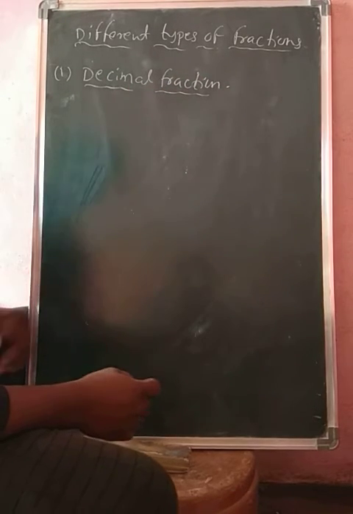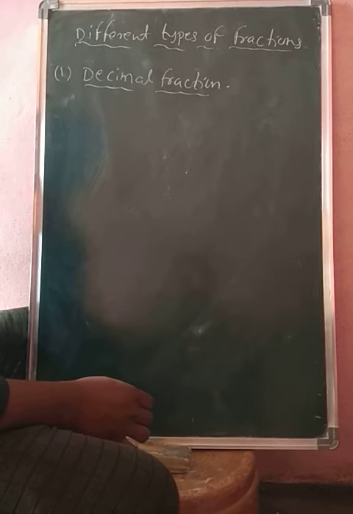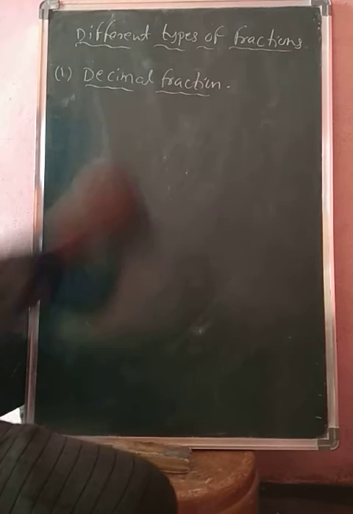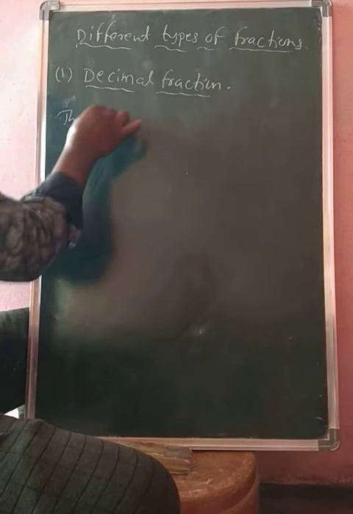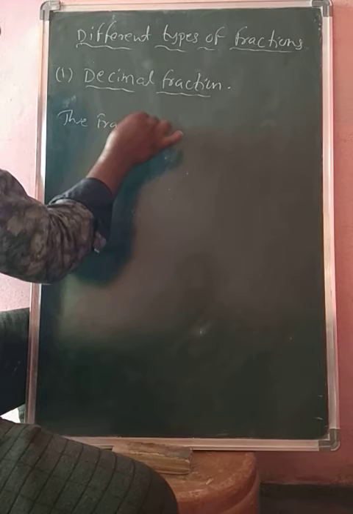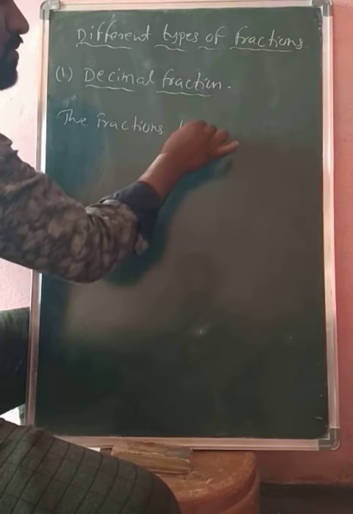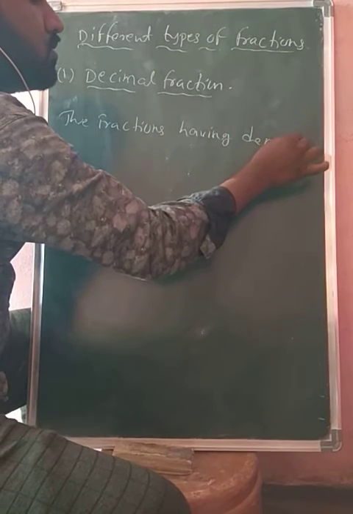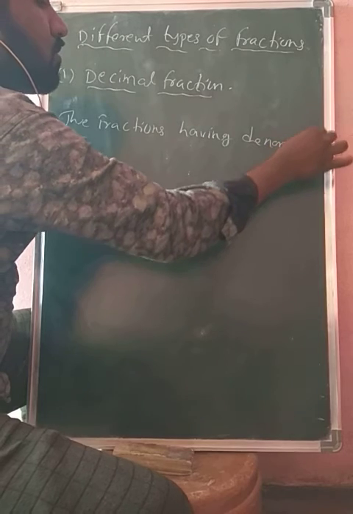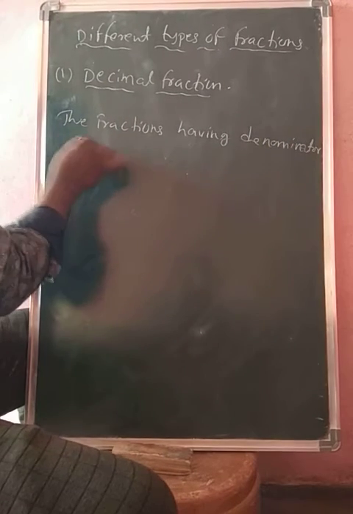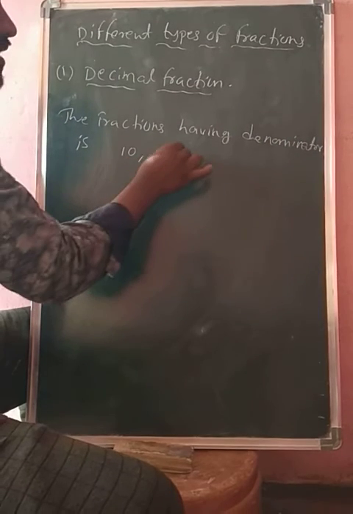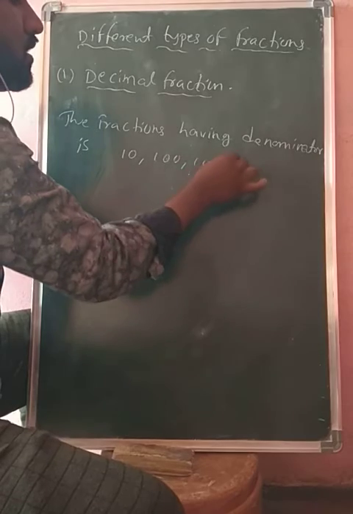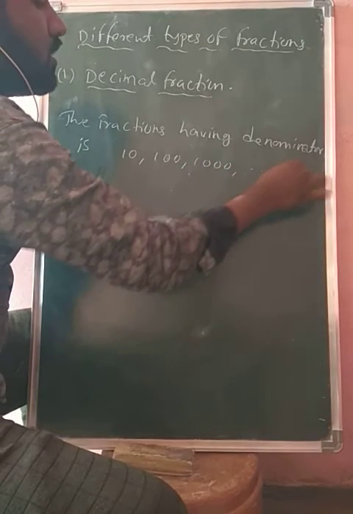Decimal fraction means the fractions having the denominator 10, 100, 1000, etc. Okay?